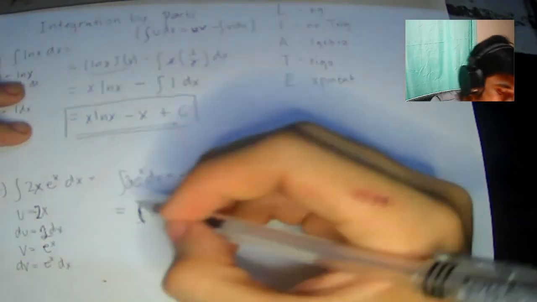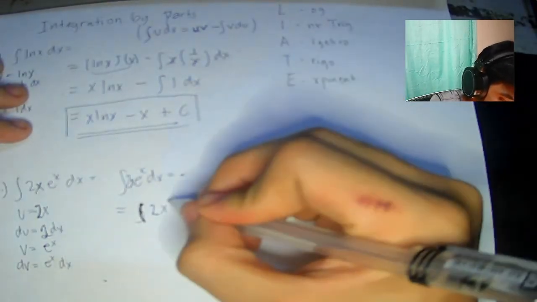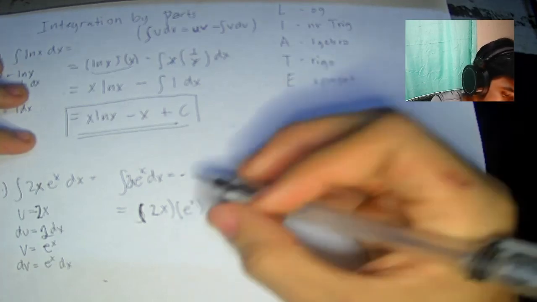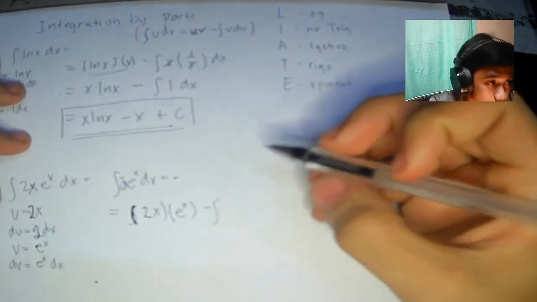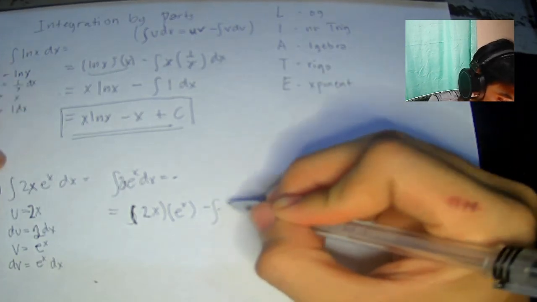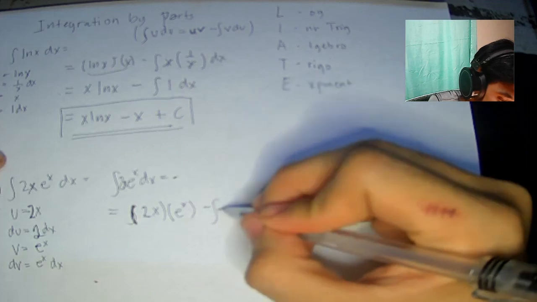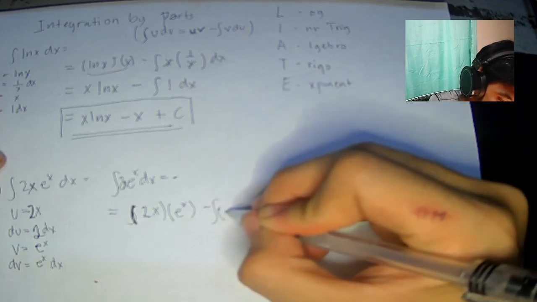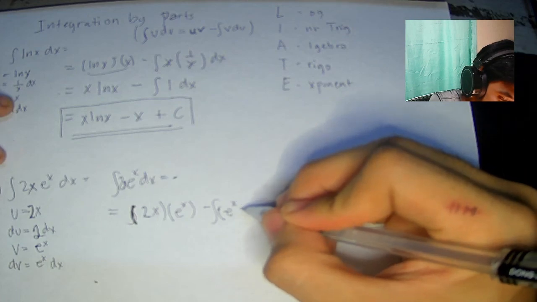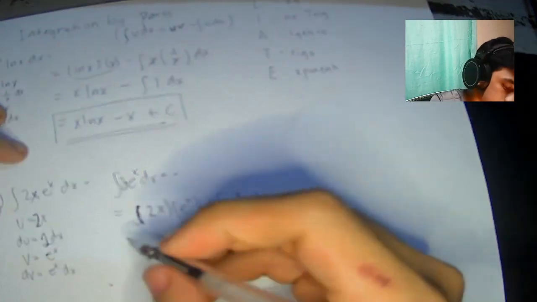U is 2x, times v, which is e to the x, minus the integral of v du, which is e to the x times 2 dx.